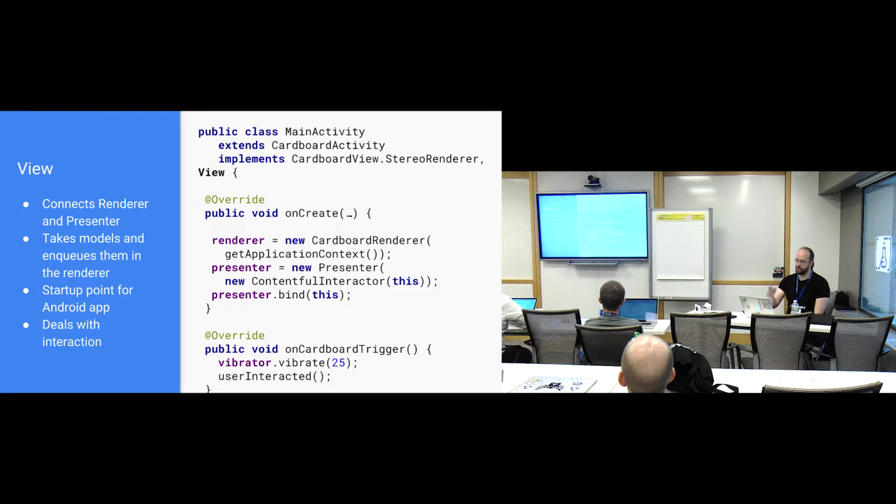It also calls the view: hey, I have actually now received a model, please add this one to your list of to-be-displayed models. And then inside the main activity, which in my case is also the view, I will create the renderer. The renderer is there for actually displaying the model in 3D using OpenGL.